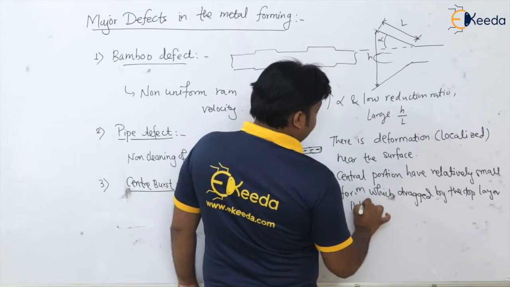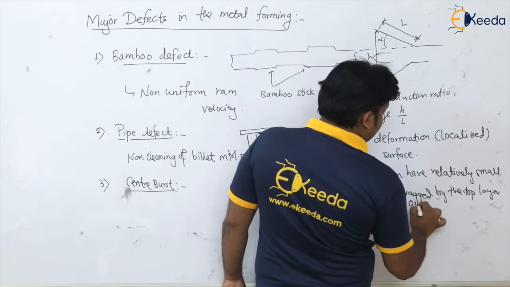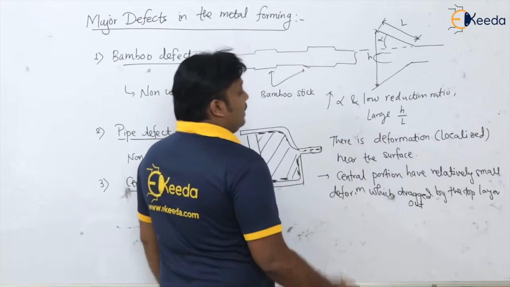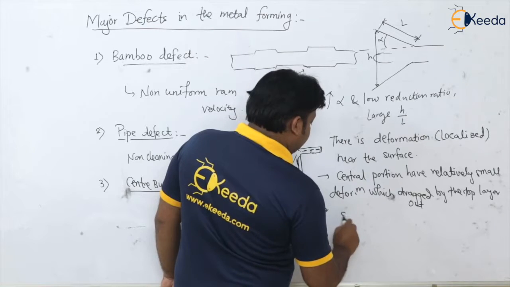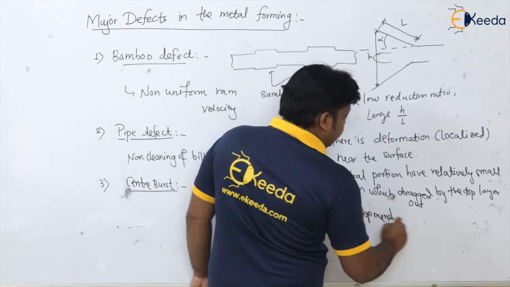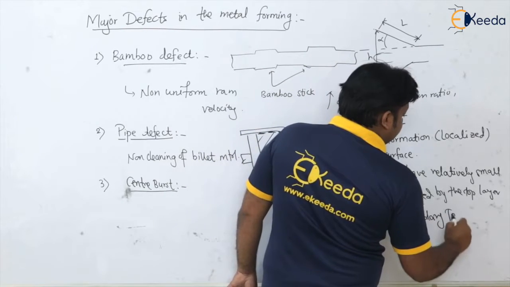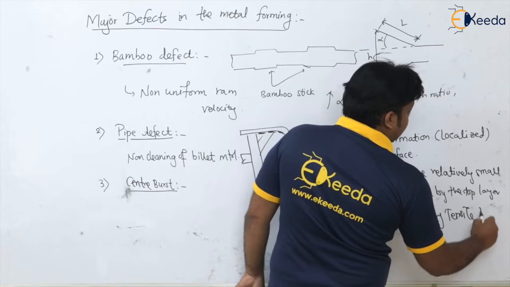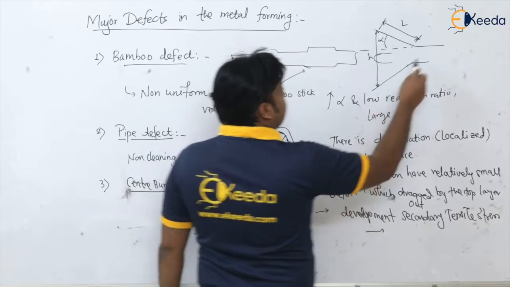This is the reason for the development of secondary tensile stress, which will cause the center burst.